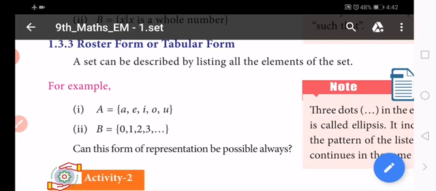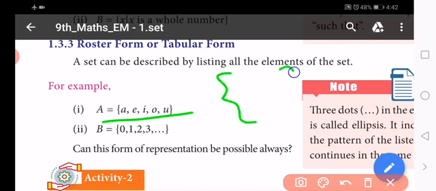That means the elements of the set are listed within a pair of brackets and are separated by commas. So the roster form or tabular form means listing the elements of a set inside a pair of braces, that is, curly brackets.